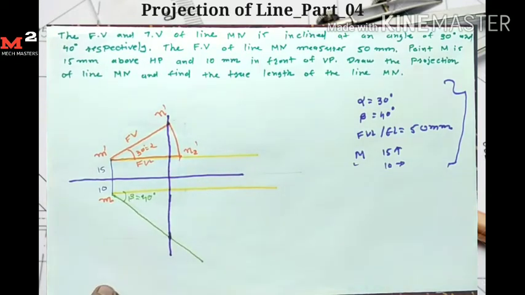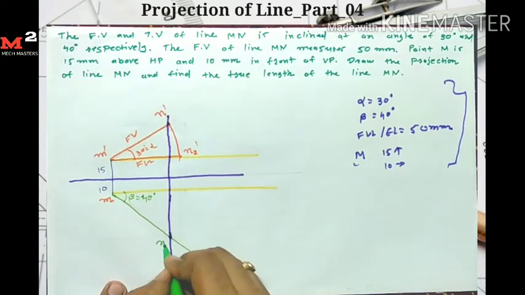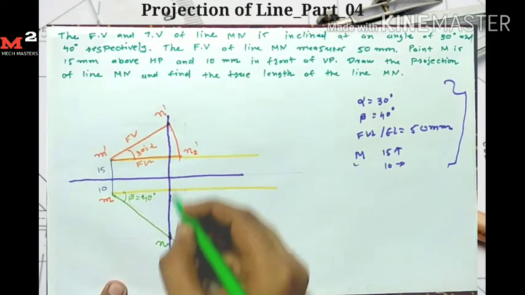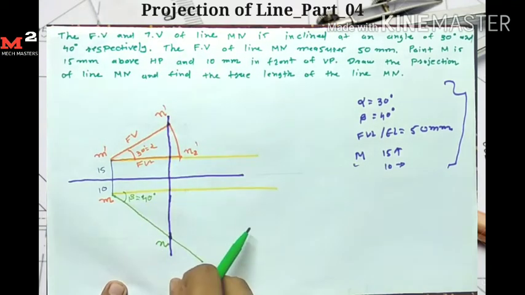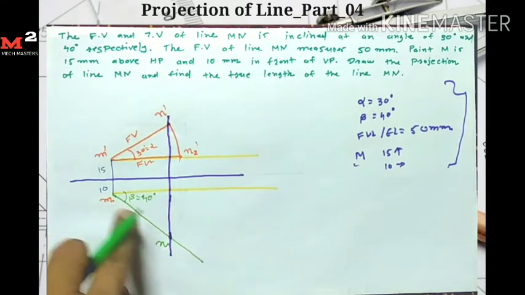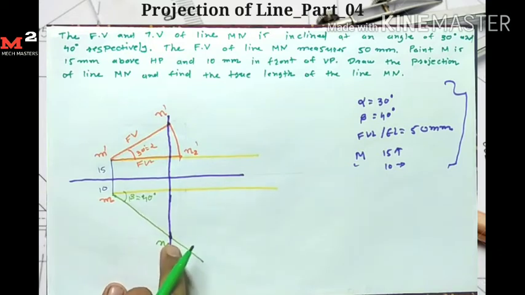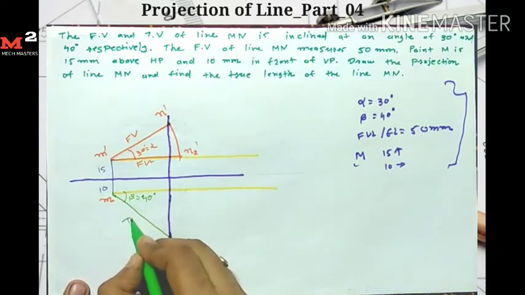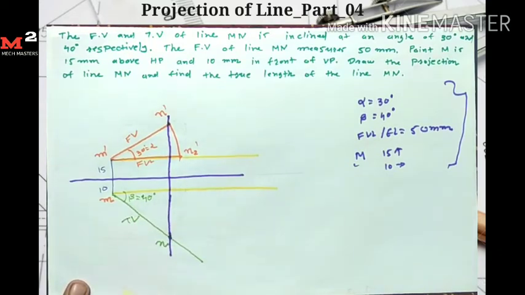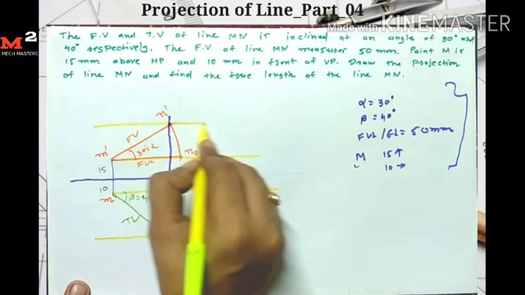So here I get my point N, because for the end point I have two conditions: it is on this vertical line and it is at an angle of 40 degrees. So here I get N and this is my final top view. So here I get my locus of N, and here I have the locus of N dash.